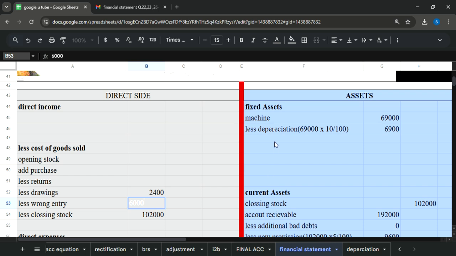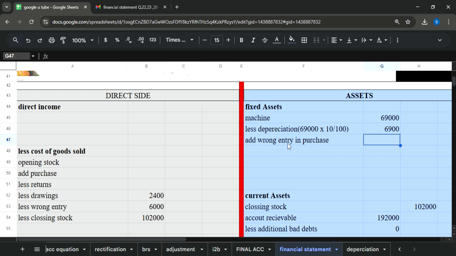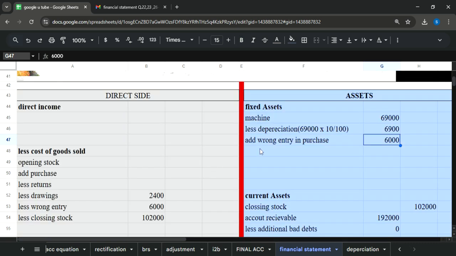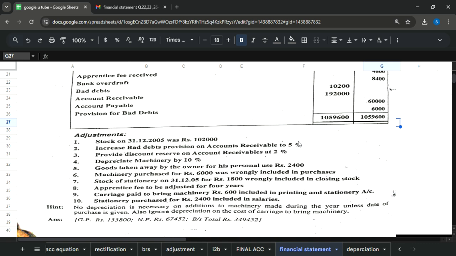The actual amount was related to machine, so you will add the wrong entry in purchase, the amount was 6,000. So read it again, machinery purchase. It was to be added in machine. Look, now we have added since it was wrongly added in purchase. So subtracted from purchase, added in machinery. In this way, our adjustment number 6 is completed.